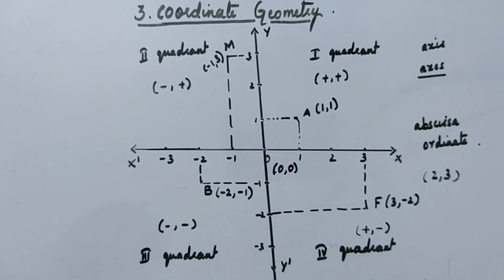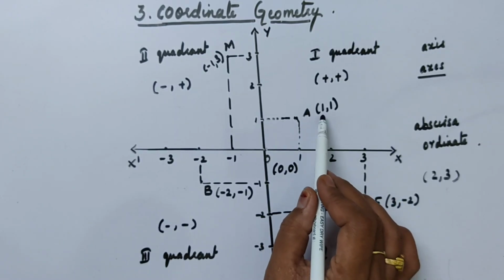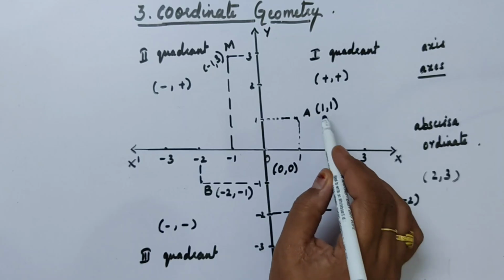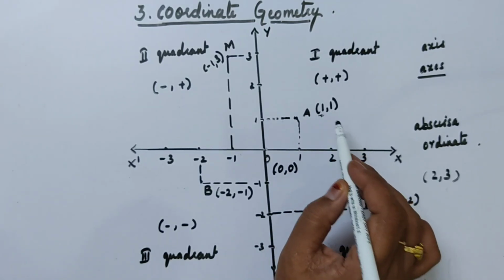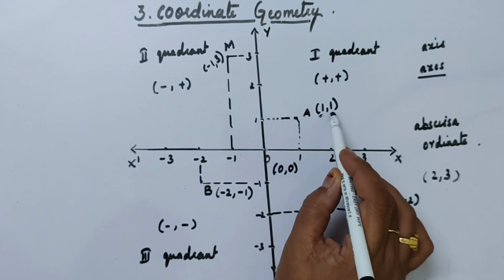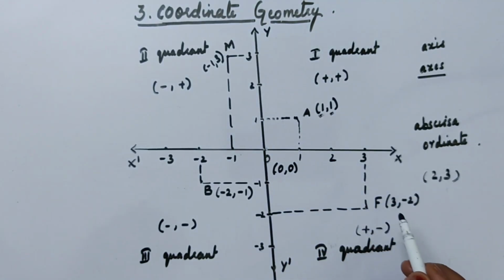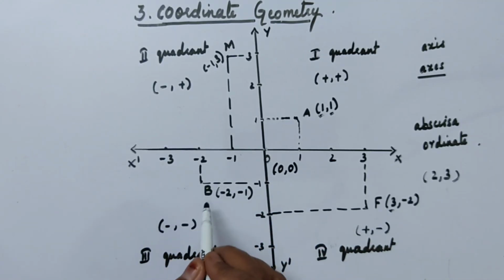Now if I ask what is the abscissa of the point A? The abscissa of the point A is 1, students, because the x coordinate is called the abscissa and the y coordinate is called the ordinate. Now what is the abscissa of F? We take x, that is 3. Now what is the abscissa of point B?